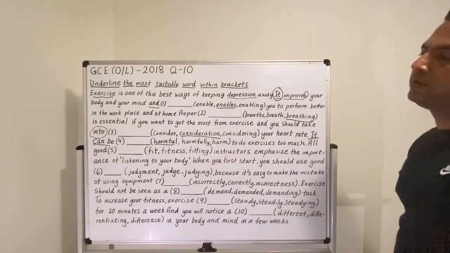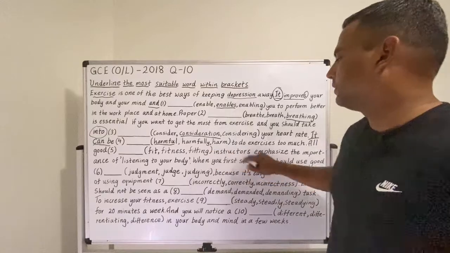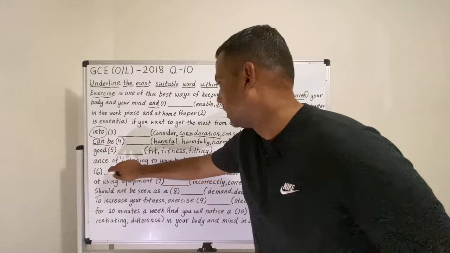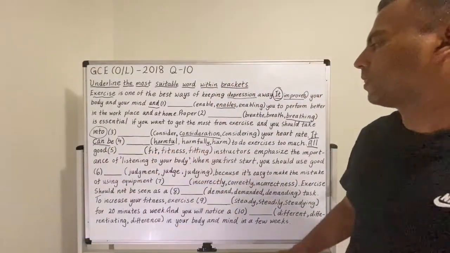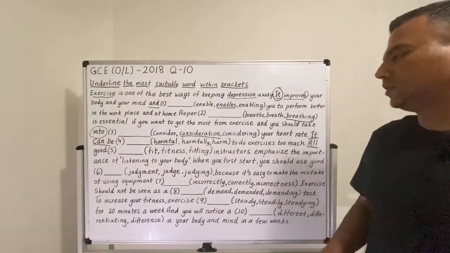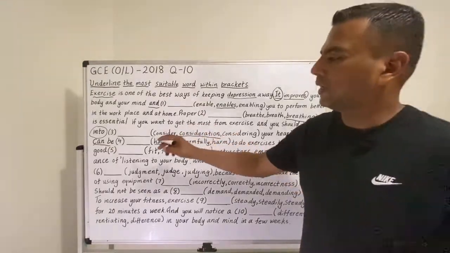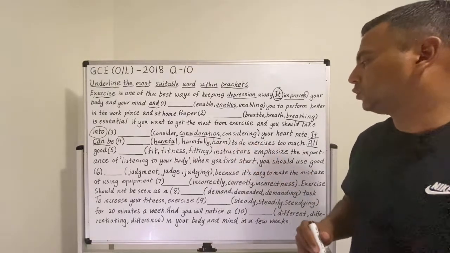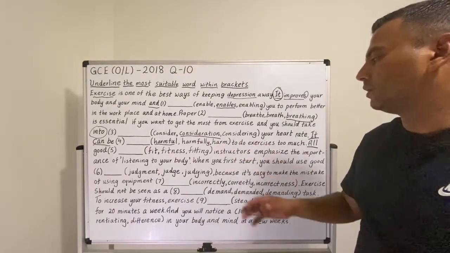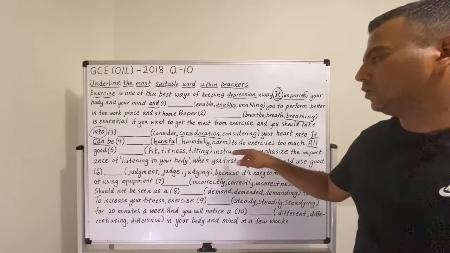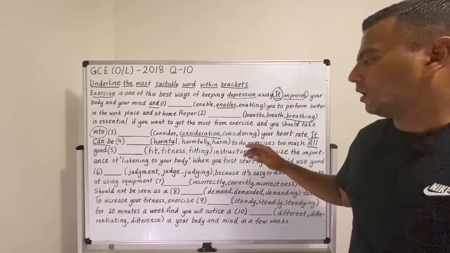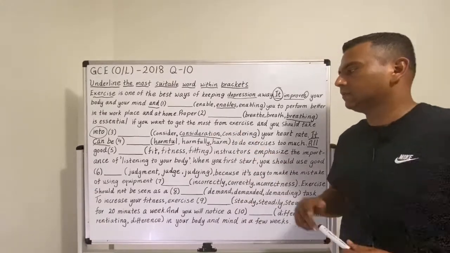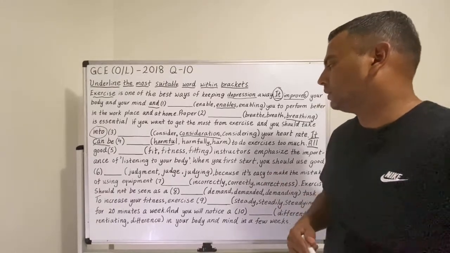Blank, we have blank number 5, and then we have "instructors". This is a noun phrase. What has to come there is not an adjective, because normally, as I have told you before, if we have a noun just after the blank, mostly we have to find an adjective which explains the noun better.